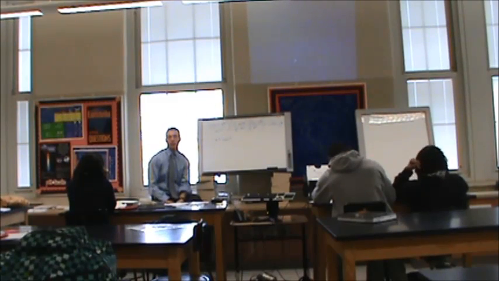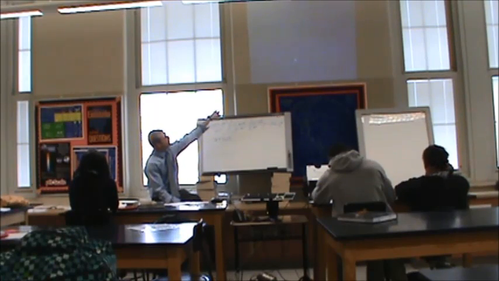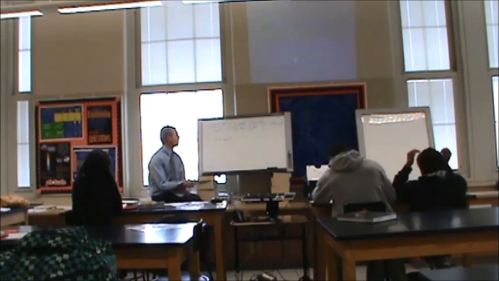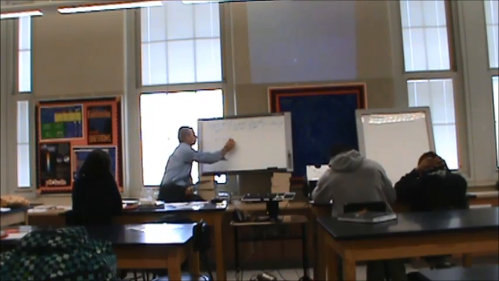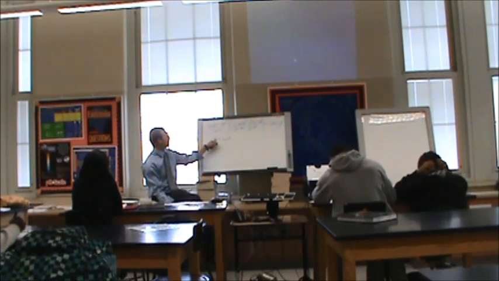We can use an equation for this. The speed of sound is 343 meters per second. The equation that we wrote down is right here. This is actually going to pretty much tell you the answer.